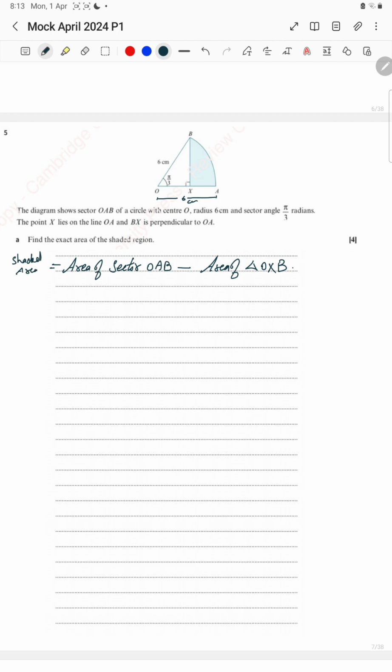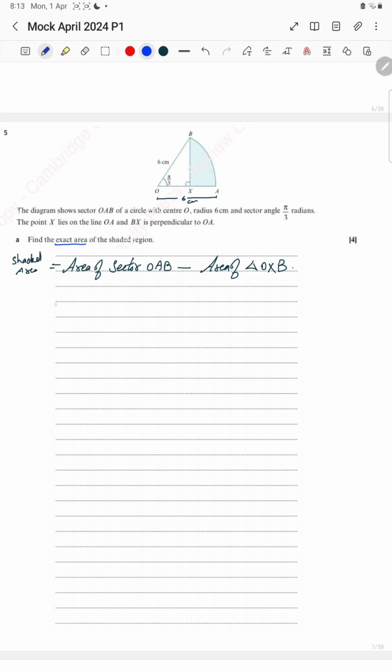This is a mind map, so we have to solve accordingly, and it is given exact area of the shaded region. So you are not supposed to write your result in decimal, or try to use the calculator's calculations, only write the exact one.